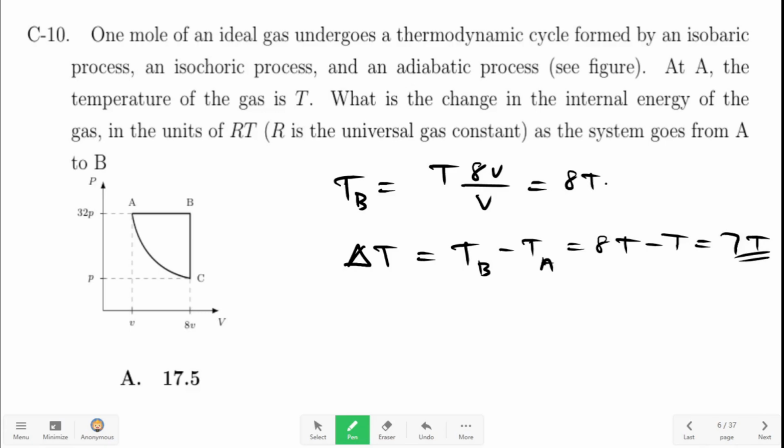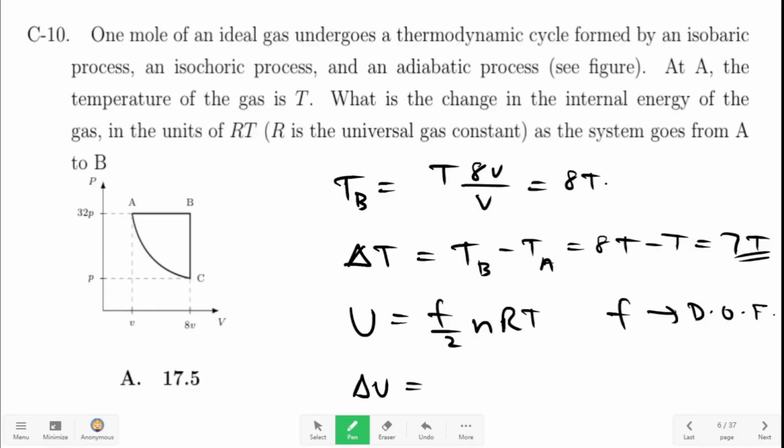In the case of an ideal gas, internal energy is given to be f by 2 nRT. Here f is the degree of freedom. Change in internal energy is equal to f by 2 nR delta T. In our case, delta T is coming out to be 7T.